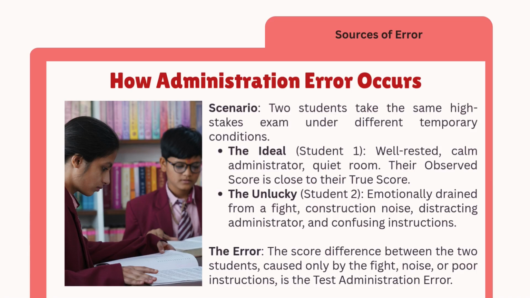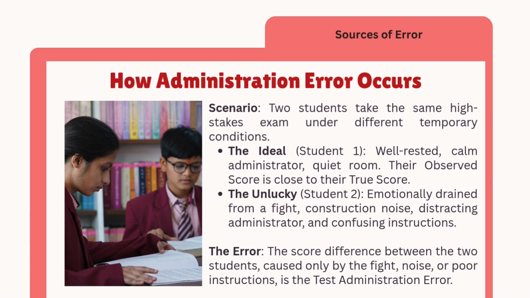On the other hand, let's say we have student 2 who had the unlucky day. This student had a massive fight with their dad that morning and is already emotionally drained. Worse, their specific testing room has a construction crew who is drilling nearby, and their examiner is wearing a distracting, loud outfit and provides hurried and confusing instructions.